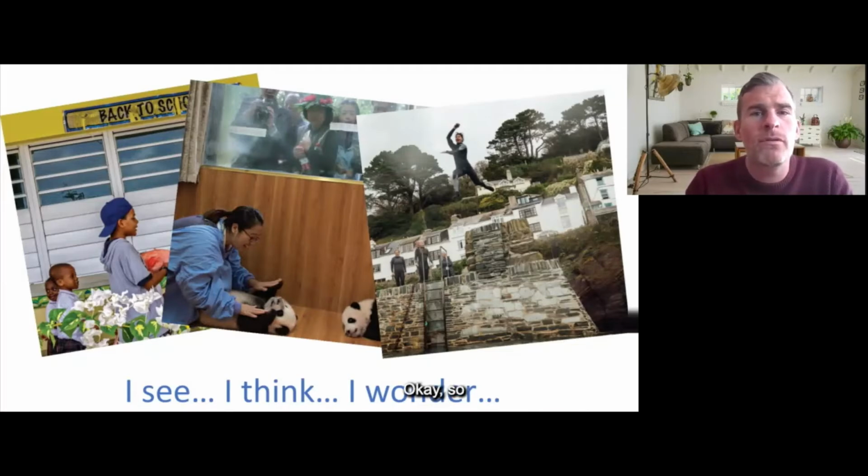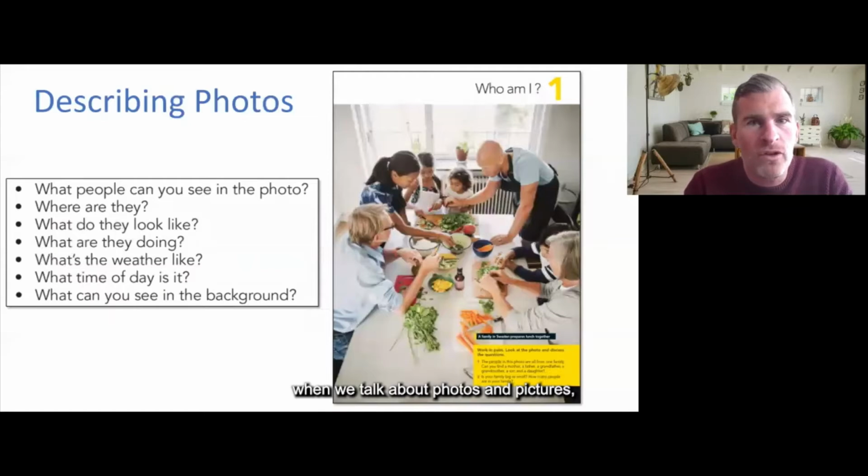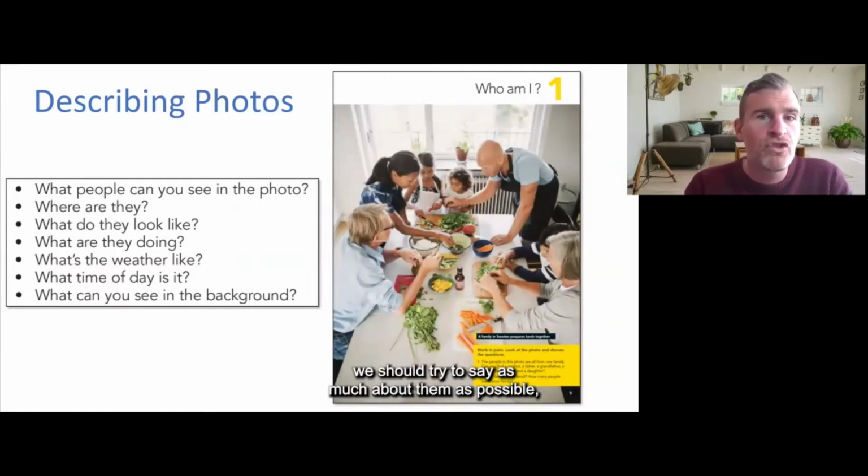Okay, so when we talk about photos and pictures, we should try to say as much about them as possible, giving lots of details. And to help you do that, it's a good idea to think about these kinds of questions. For example, what people can you see in the photo?